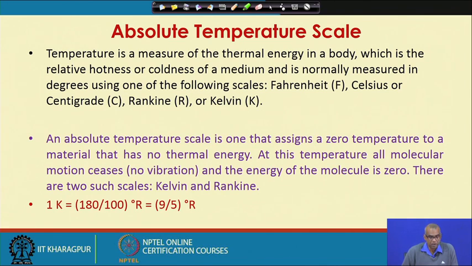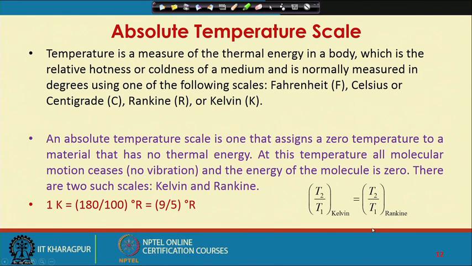The Kelvin and Rankine scales are related as follows: 1 Kelvin is 180 by 100 degree Rankine, or 9 by 5 degree Rankine. That means one can be converted to the other easily by multiplying with a factor. So, that is why the ratio of T2 by T1 in Kelvin will be equal to the ratio of T2 by T1 in Rankine.